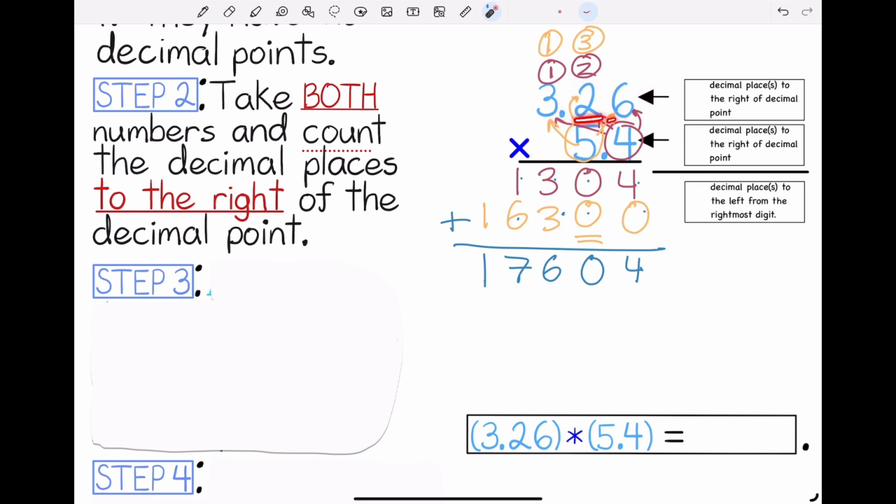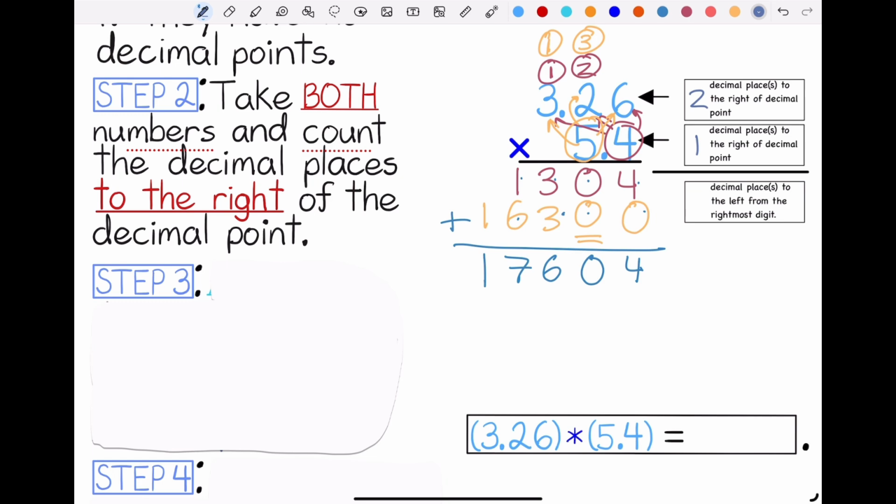And since we have two numbers to the right of this decimal point, 3.26 has two decimal places. And if we do that with 5.4, there's one decimal place right here. So we have one decimal place to the right of the decimal point.